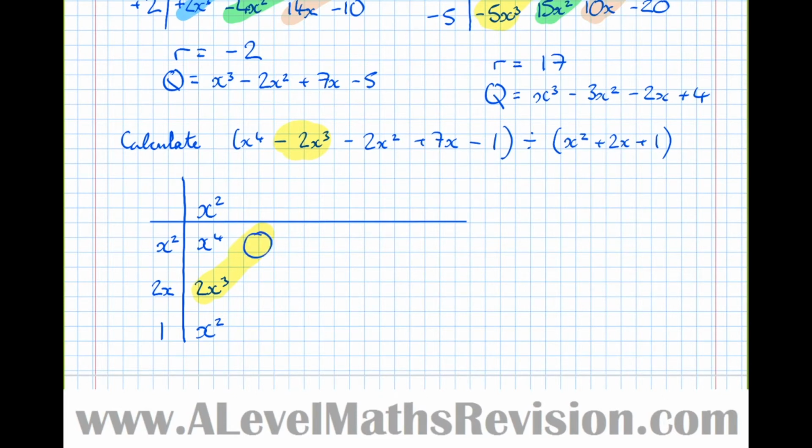Put a number there to adjust for it to make us get the minus 2x cubed that we need.